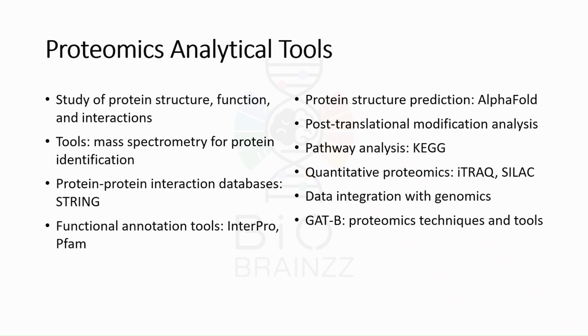Protein structure prediction tools like AlphaFold are now very important in research. Techniques like iTRAQ and SILAC are used for quantitative proteomics. For GAT-B, you should remember major tools and their applications, as questions are usually direct from this topic.